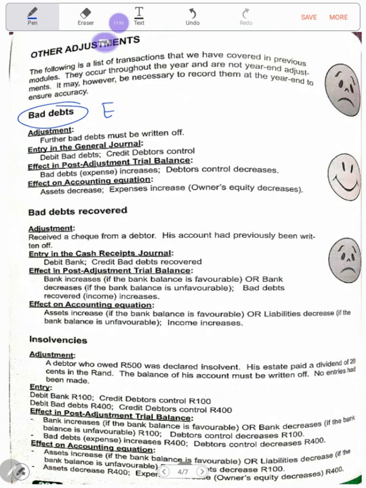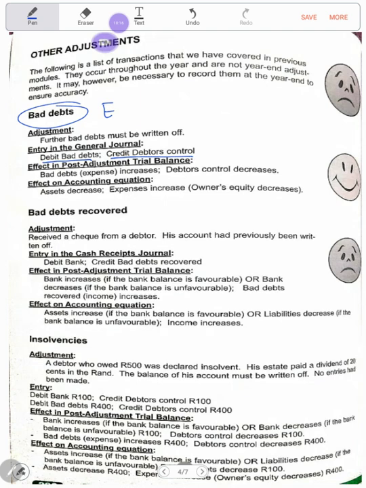Bad debts to the business is an expense. What is happening to our debtors? We're losing them. And remember, debtors control is an asset, and assets decrease on your credit side. So the entry, bad debts, expenses will be debited. Debtors control, the asset is decreasing, which is why we are crediting it.